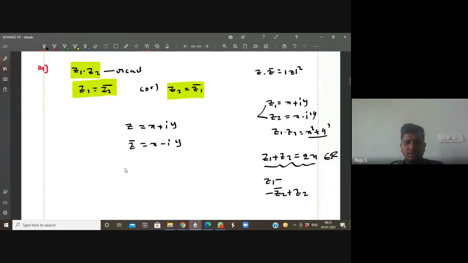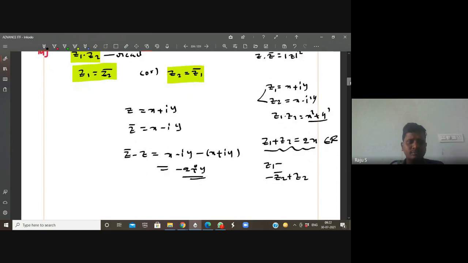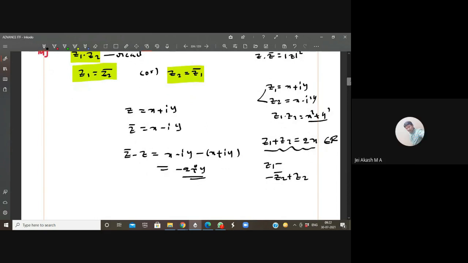Then Z minus Z conjugate or Z conjugate minus Z, the value is 2 iota y or minus 2 iota y. Is it a complex number or not? Clearly it is a complex number.